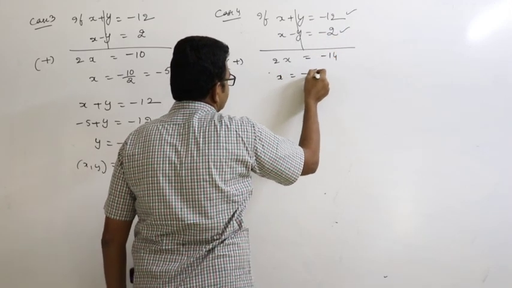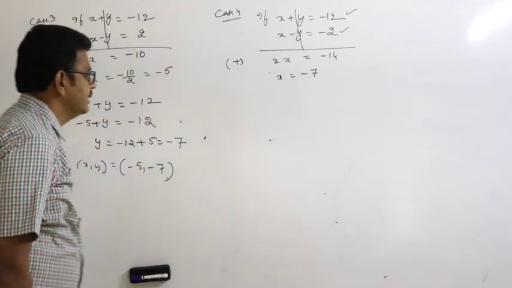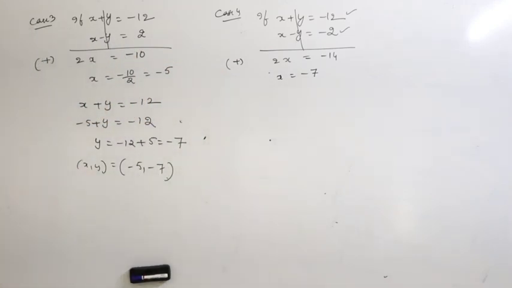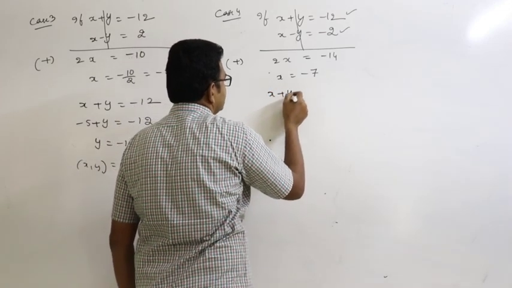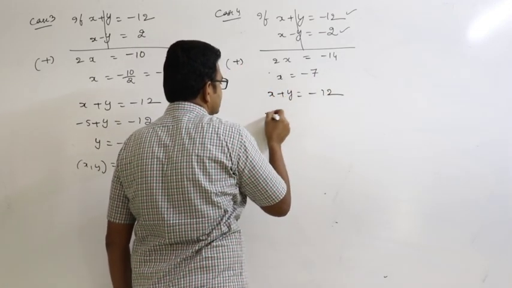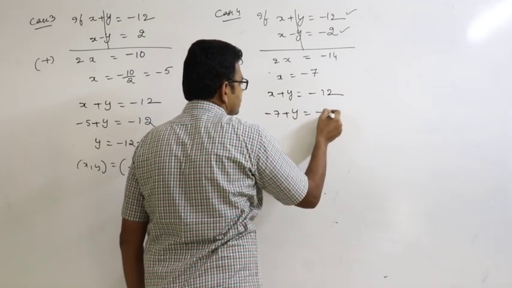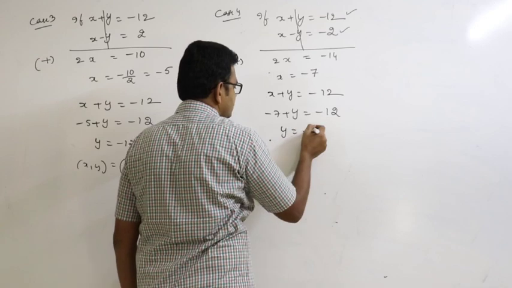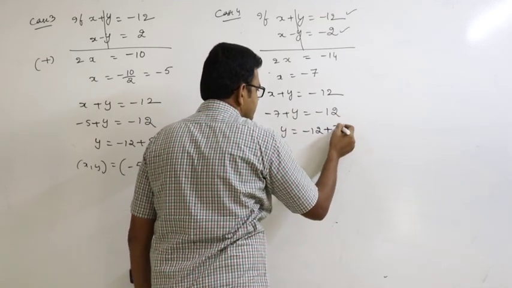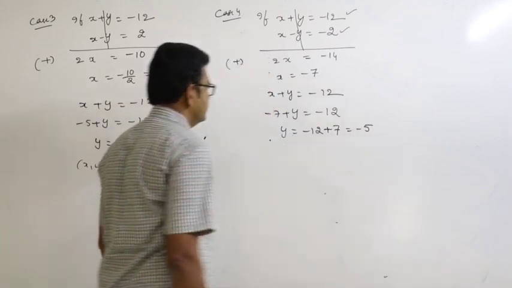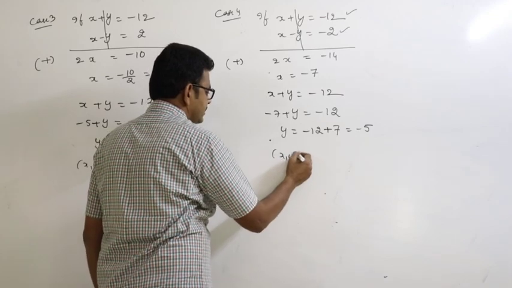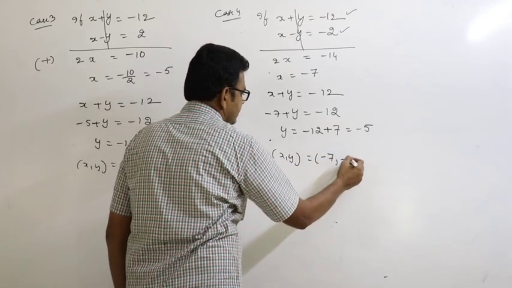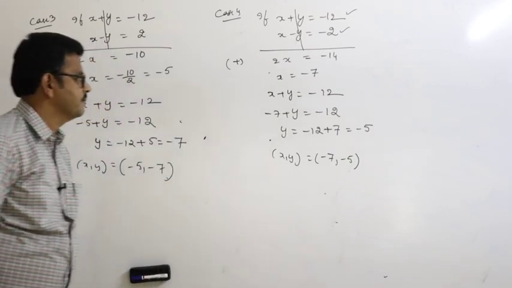X is equal to minus 14 by 2, minus 7. And since x plus y is equal to minus 12, x is minus 7, minus 7 plus y is equal to minus 12. Y is equal to minus 12, take that side, that becomes plus 7, that is equal to minus 5. So, x comma y is equal to minus 7 comma minus 5 in this case.